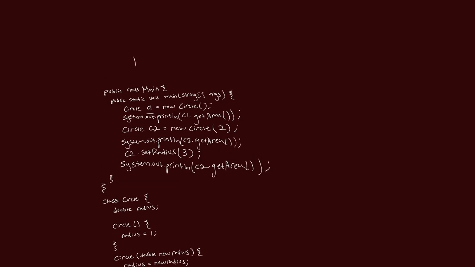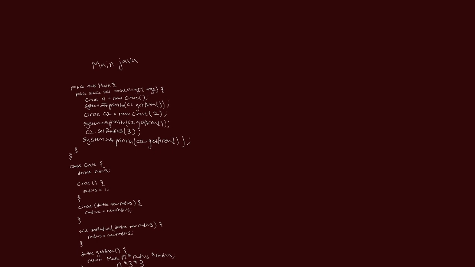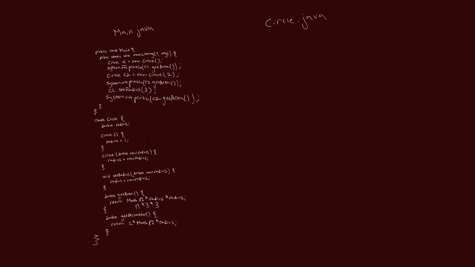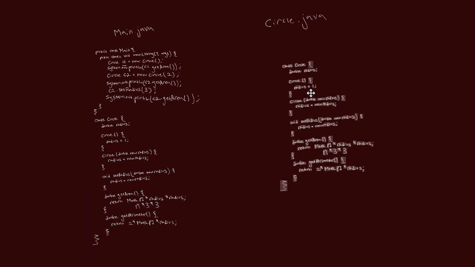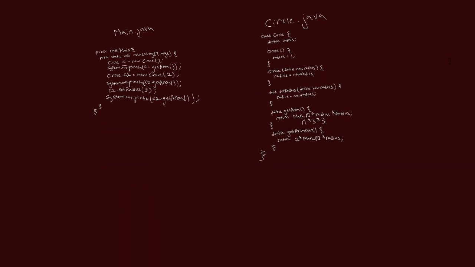Instead of putting all of this in one file, this file will be Main.java, because it has to be the same name as this class. We can create another file called Circle.java, and take all the code here and put it here.